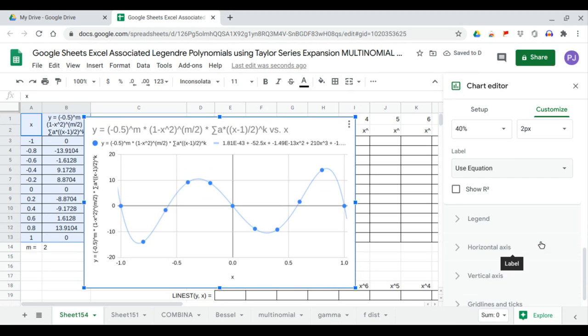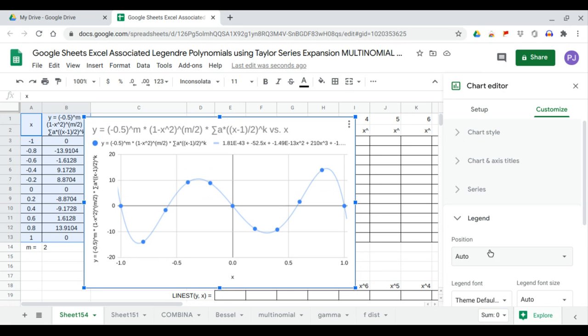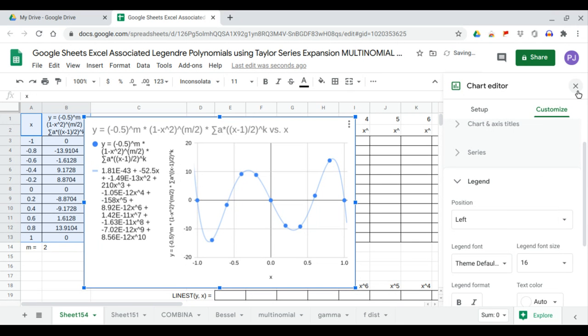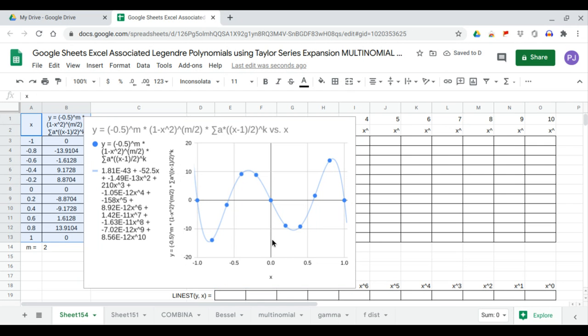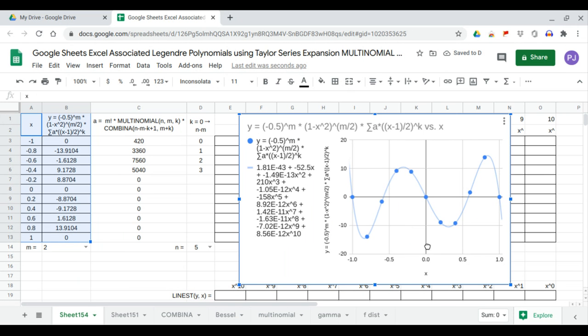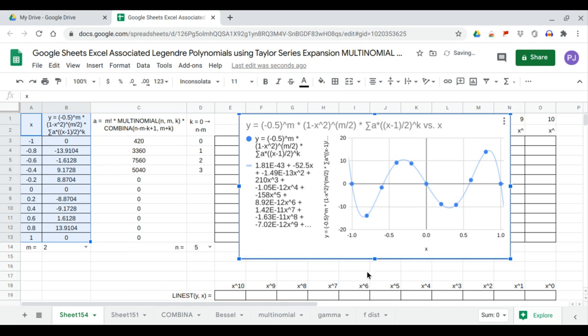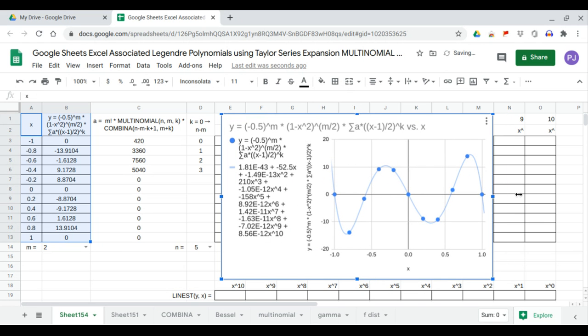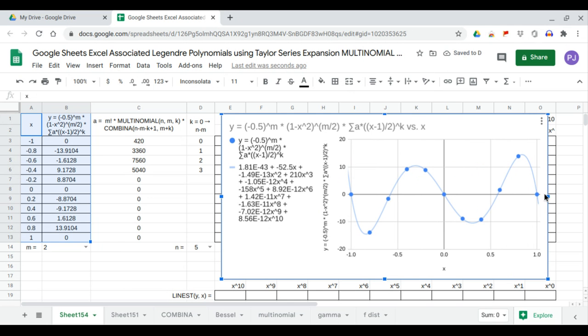And we'll put the equation on the left and enlarge it to make it visible, like font 16. So that we have here the trend line and the polynomial, the associated Legendre polynomial.